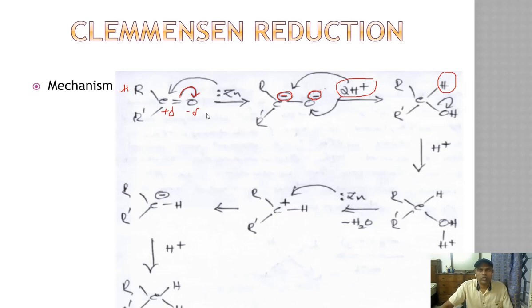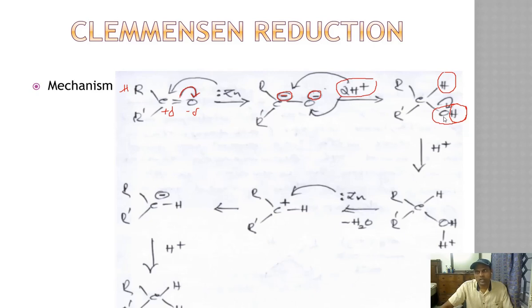It is going to attack on this negatively charged oxygen. So here is the hydrogen, and it is going to form the alcoholic group over here. Now what will happen?